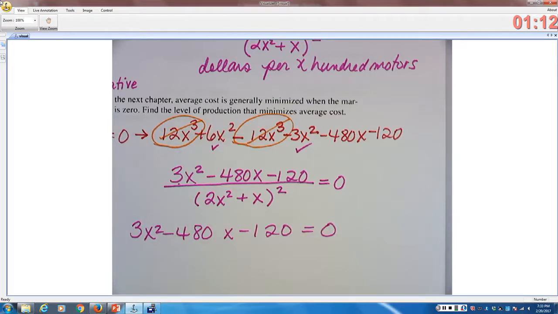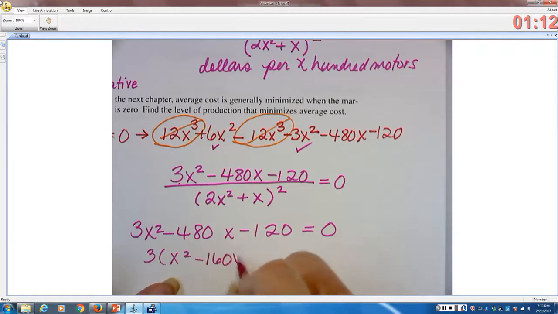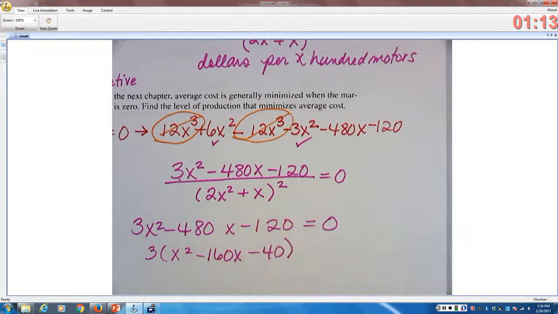Now, there's 2 or 3 different ways we could go about solving it at this point. We could factor it and hope it factors, and it probably does, because I know I can factor out a 3. But I don't particularly want to factor x squared minus 160x minus 40, since factoring is not my favorite activity. So unless you just want to factor it, you have 2 options.